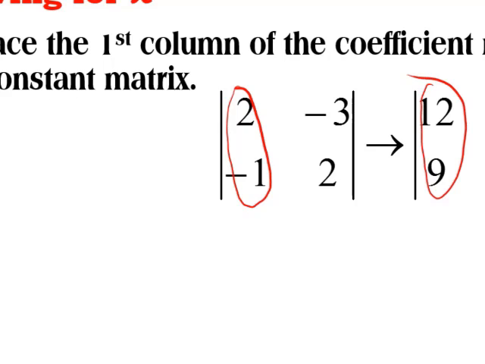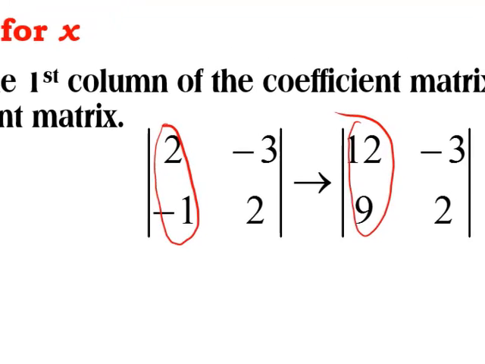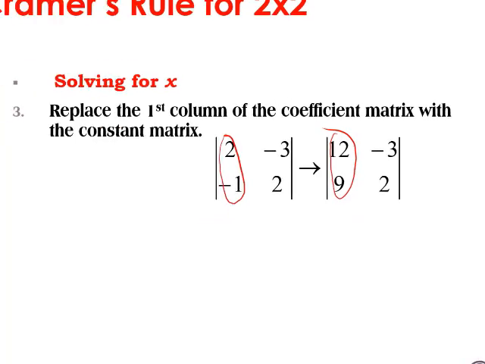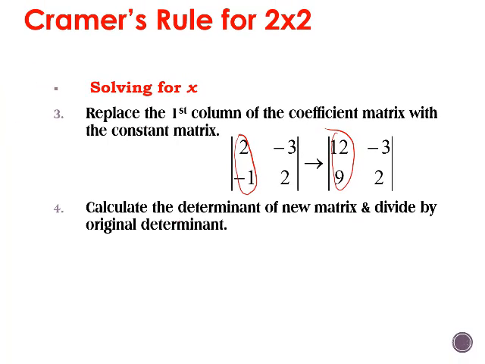We now have the constant column to be 12, 9. However, the -3, 2 for the other column has been maintained.